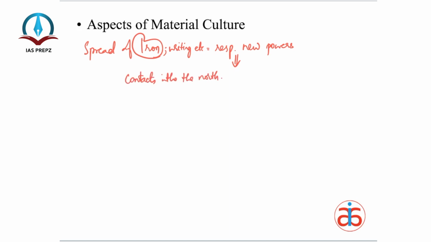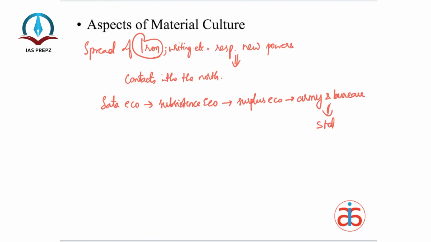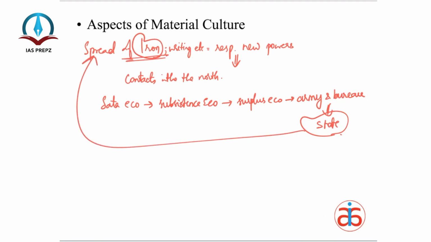That's how the Satavahana economy slowly elevated itself from a subsistence economy, which did not provide much surplus, into a surplus economy, which could support a new political system with an army and bureaucracy. That is, we say the state was formed in the Deccan by the Satavahanas. Particularly, the reason behind this is the spread of the use of iron. So this is the material or economic aspect.